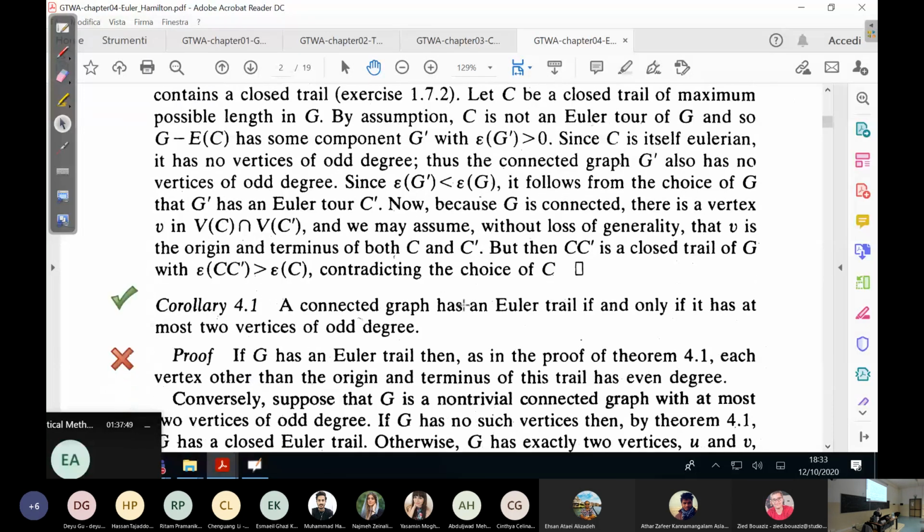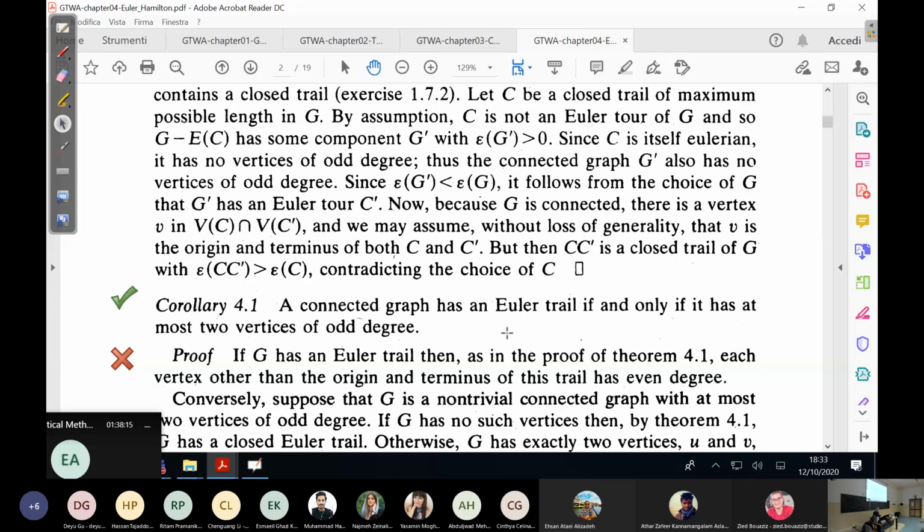There is also the notion of trail, an Euler trail, as I said at the beginning, okay? Going from one place to another place, going through every edge exactly once, okay? And when does an Euler trail exist? If and only if it has at most two vertices of odd degree, okay?